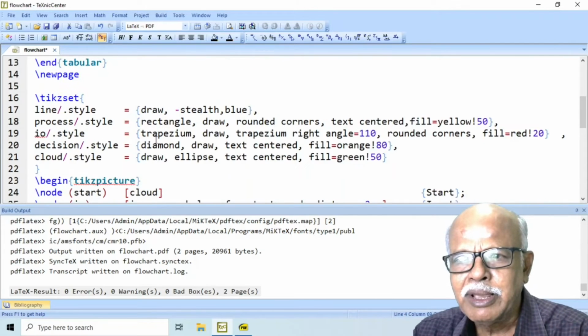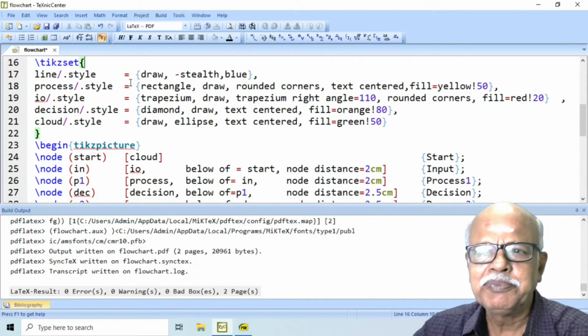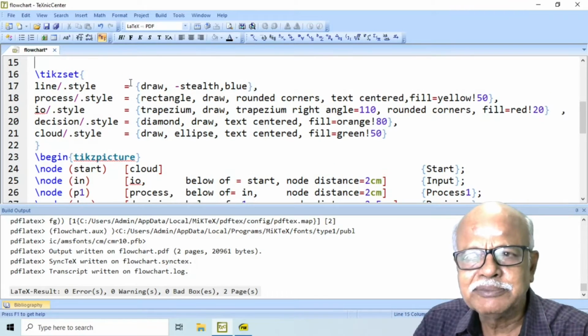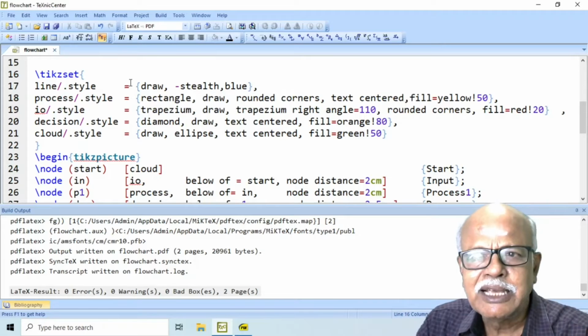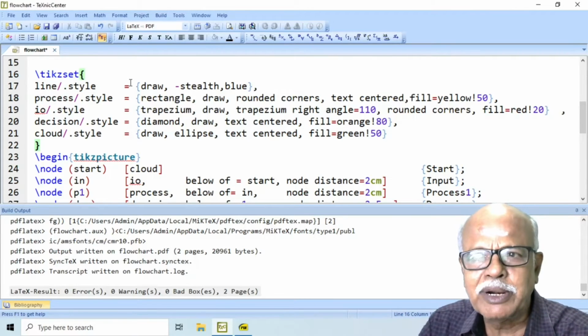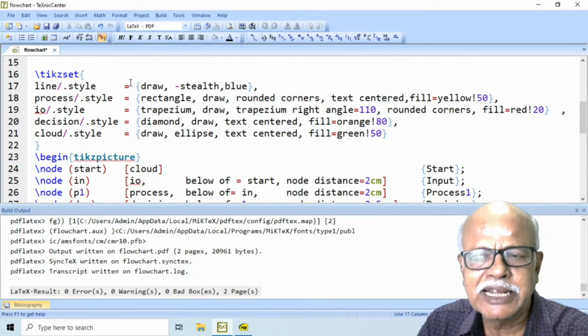Now, with this in mind, first we define certain styles. In the previous version of TikZ, the command used here was tikzstyle. With the latest version, the command is \tikzset, open and close curly braces, within which we define different styles.